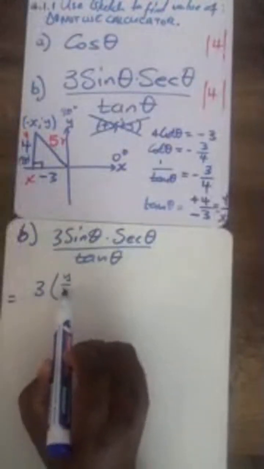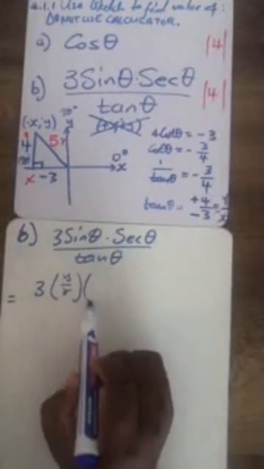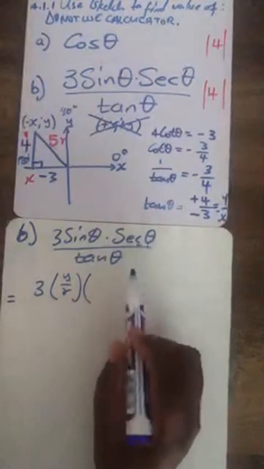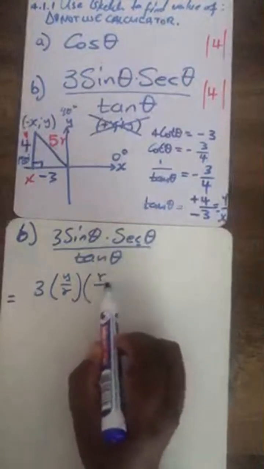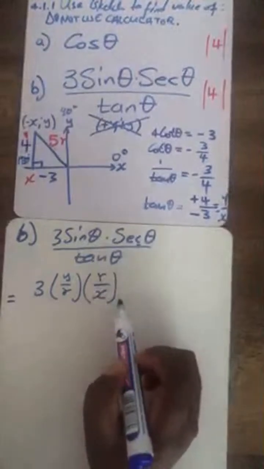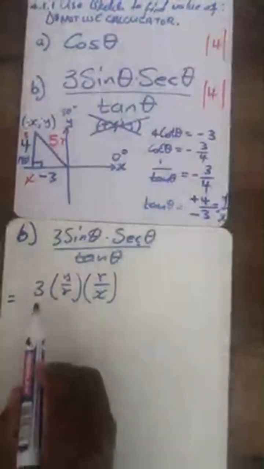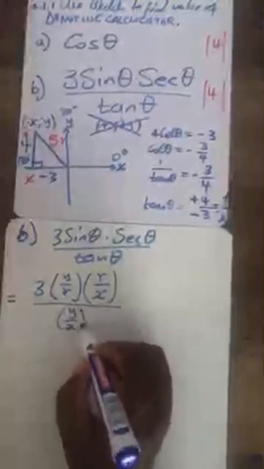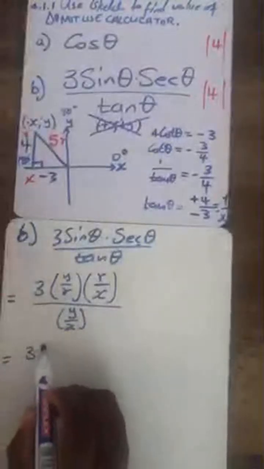Let's see. So that means we have 3 sine. We know sine is opposite over r. Opposite over hypotenuse is the one for cos, so cos we know is x over r. Then that means sec is going to be r over x because it's the reciprocal. You take the numerator and make it the denominator. And then tan, we know that tan is y over x. All that you need to do is just substitute.